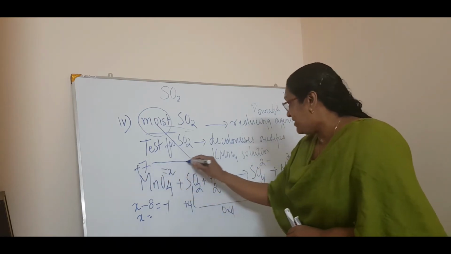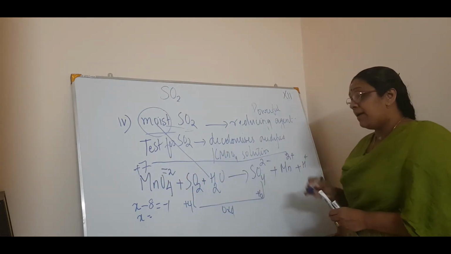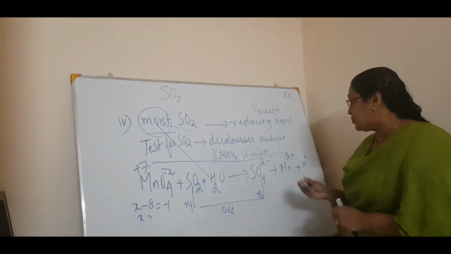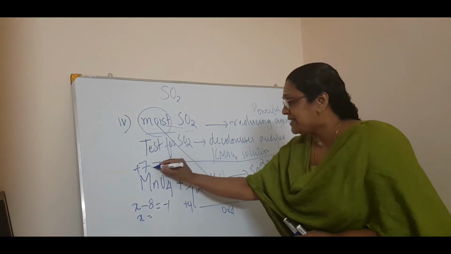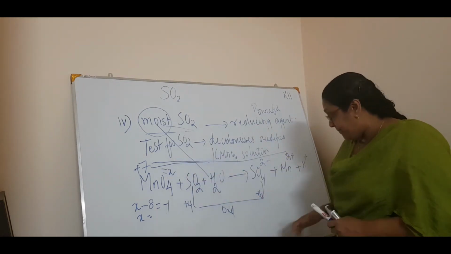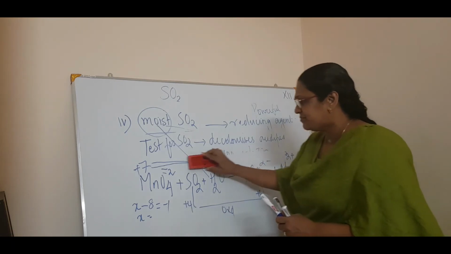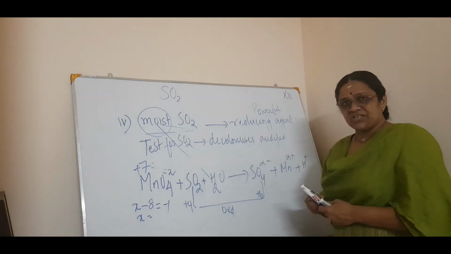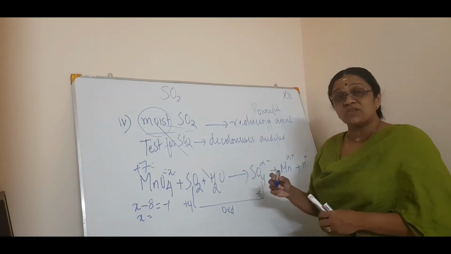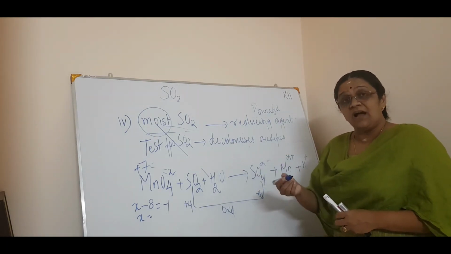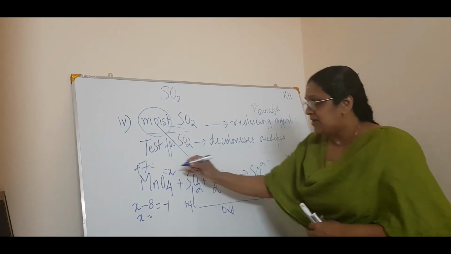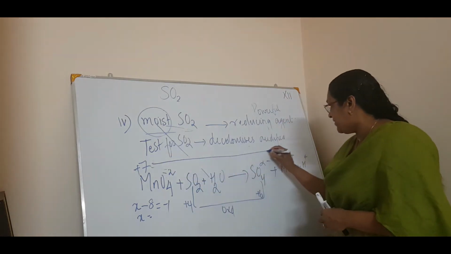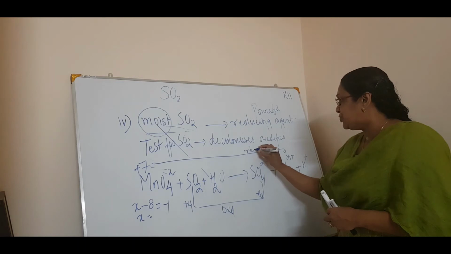Now the plus 7 is reduced to what? Plus 7 is reduced to plus 2. You got it? You know the oxidation reduction, right? Redox reactions by oxidation reduction method and half reaction method. So this plus 7 is getting reduced to plus 2.